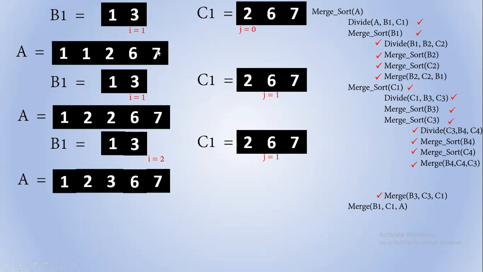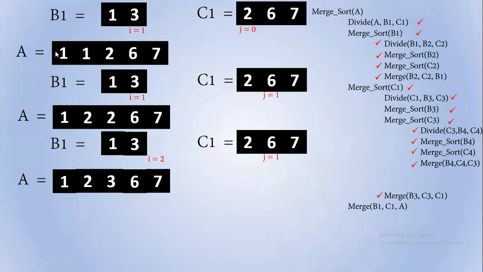What I mean by L is the lower index. The lower index is 0 here, and the upper index is 4. That means L equals 0, U equals 4 for this particular array.